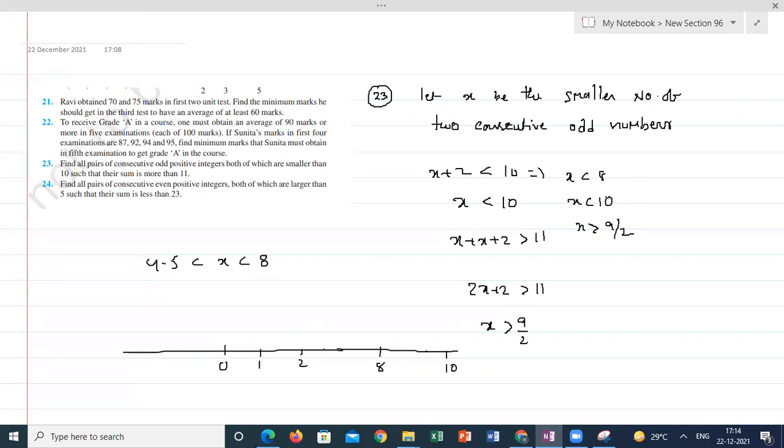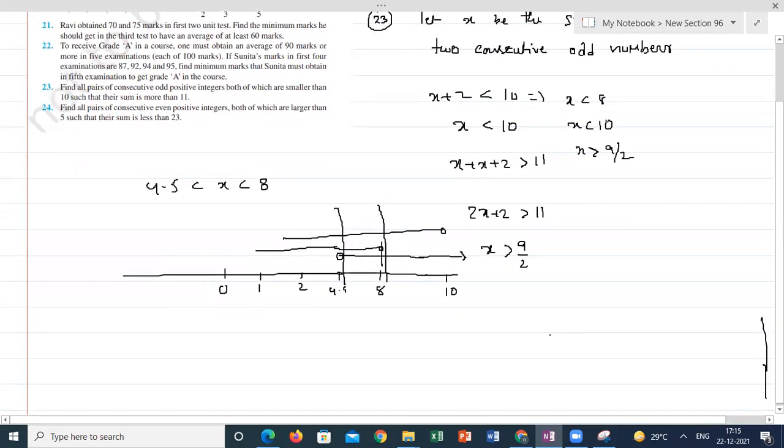Suppose this is 4.5: x greater than 9 by 2 is this one, x less than 8 is this one, and x less than 10 is this one. So the common interval is x between 4.5 and 8.